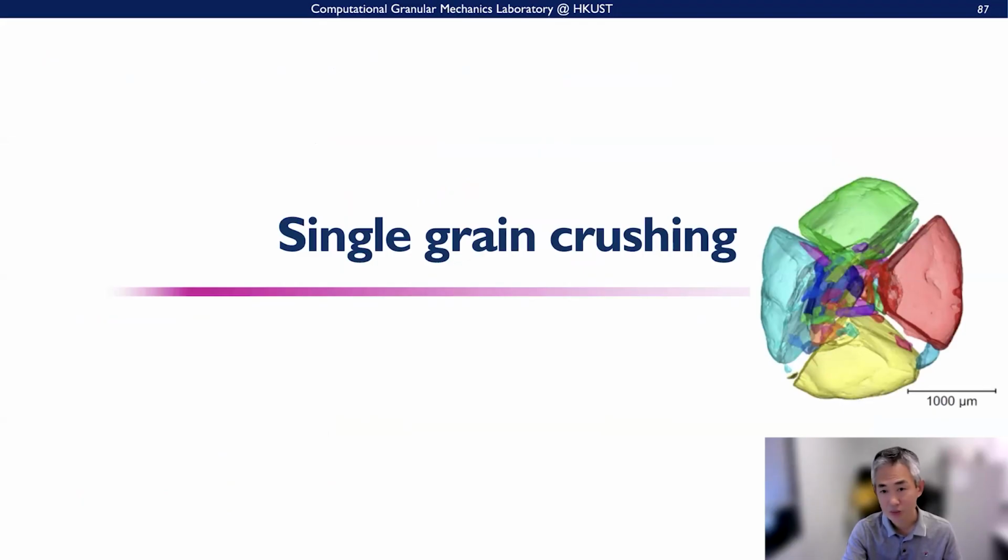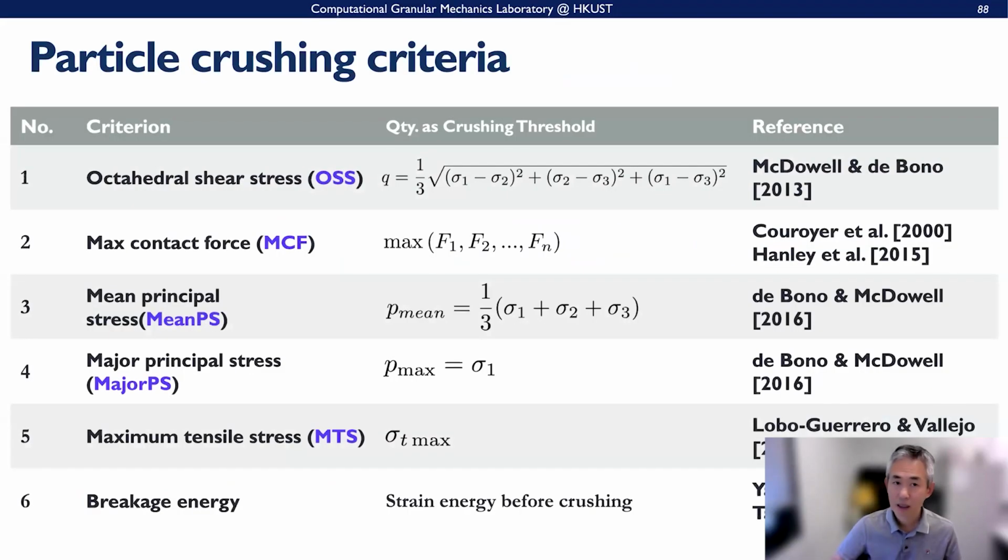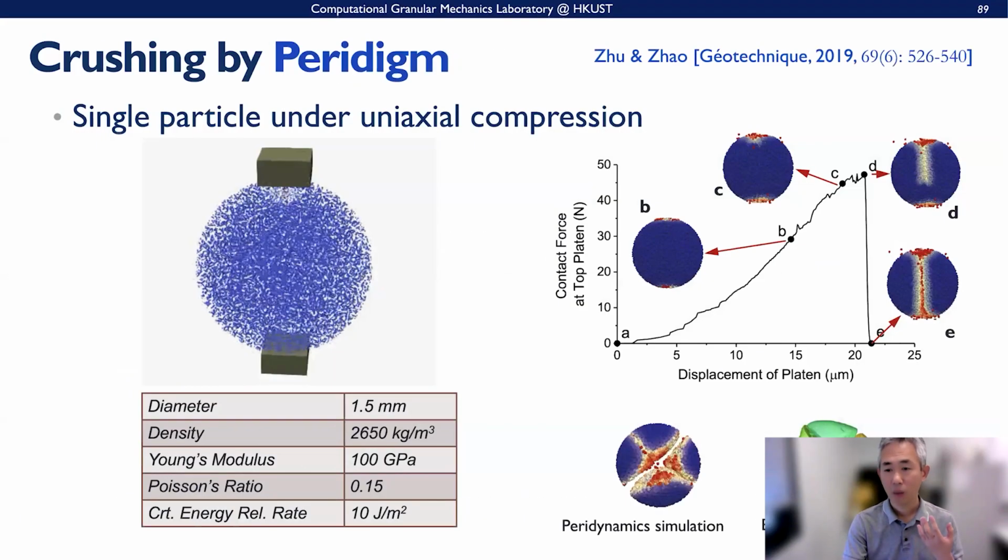Now we look at single grain crushing. In the literature, there are quite a lot of different crushing criteria, including what I listed here, like octahedral shear stress, maximum contact force, mean principal stress, major principal stress, or maximum tensile stress or breakage energy. These have all been reported in the literature, because some also did experiments.